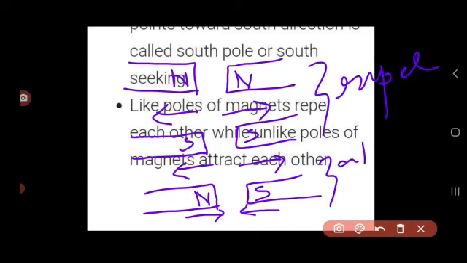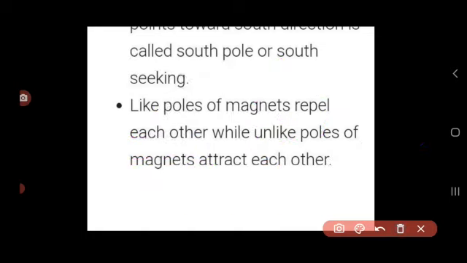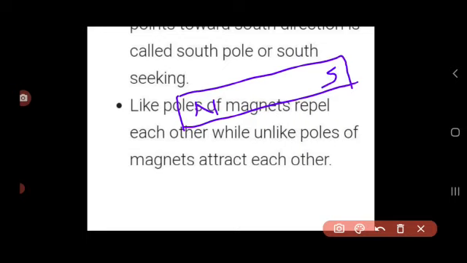You will see at the polar region the number of pins attracted is more, and the least number of pins are attracted towards the middle portion. That indicates that magnetic strength is maximum at poles and minimum at middle.